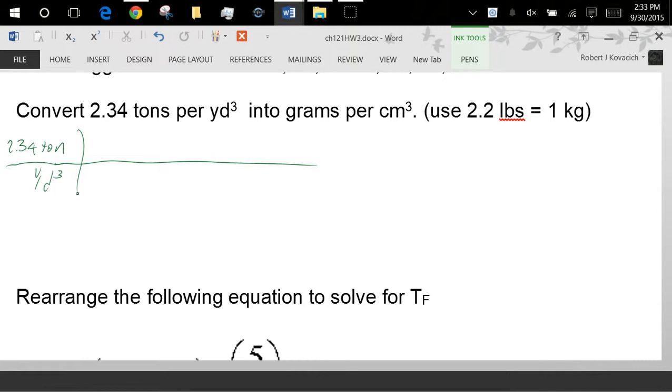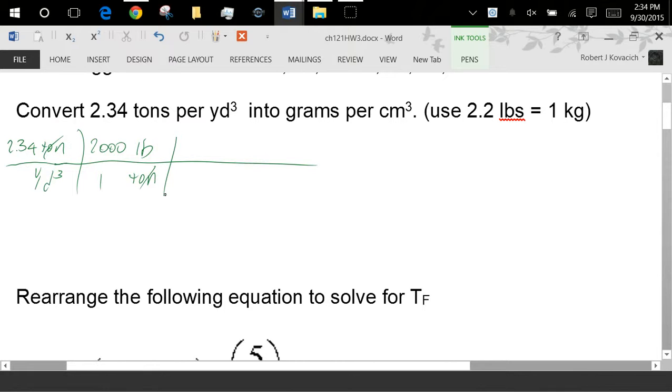Okay, so I'm going to take this tons and cubic yards, and I need to convert that into grams and centimeters cubed. So how do I get out of tons and closer to grams? If I put ton down here, I can put pound up here, and how many? 2,000. Okay, so we'll cross off tons.